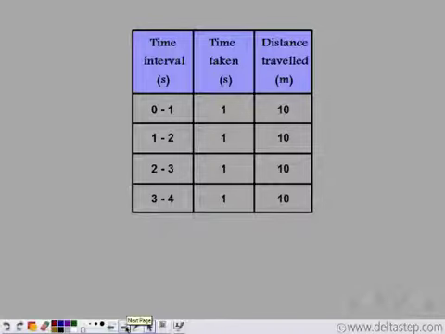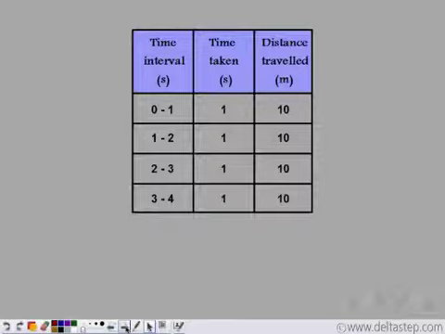It shows that in the time interval 0 to 1 seconds, that is, time taken is 1 second, the distance traveled was 10 meters. In the time interval 1 to 2 seconds, when the time taken was 1 second, the distance traveled was 10 meters.